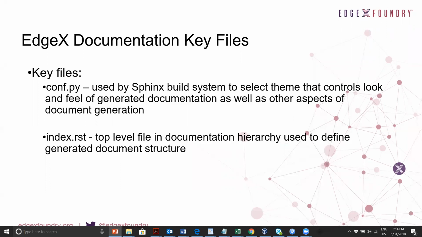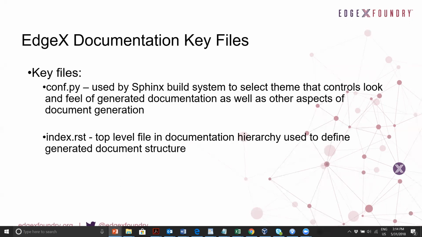In particular, it's used to control a lot of the things related to the look and feel of the outputted documentation, in this case, the HTML website. It's where we select things like what we call a theme. The theme is basically the style sheet that gives the look and feel for that website that I've just demonstrated, which is what we're using for EdgeX currently.